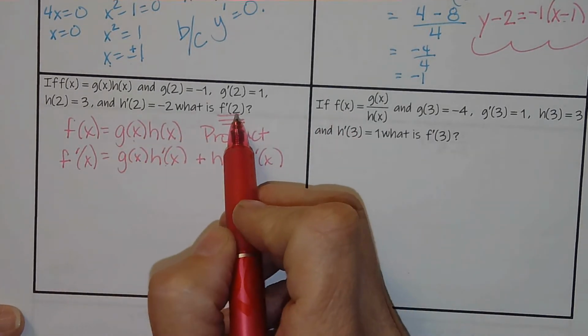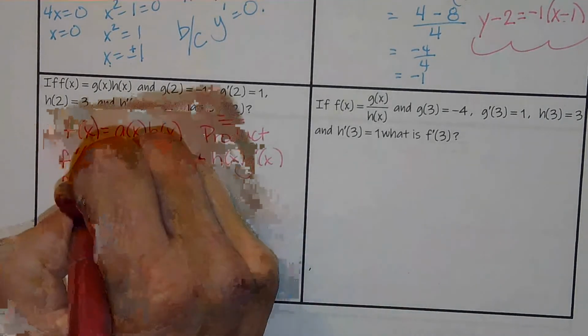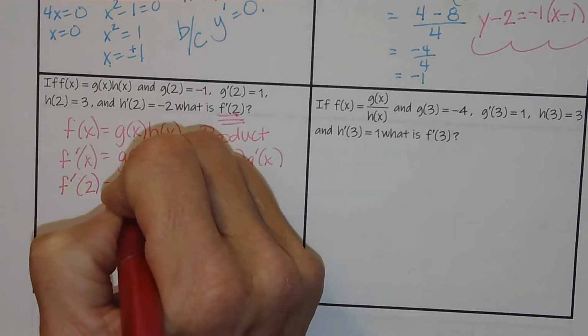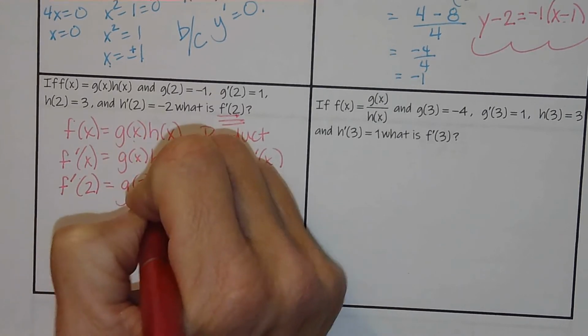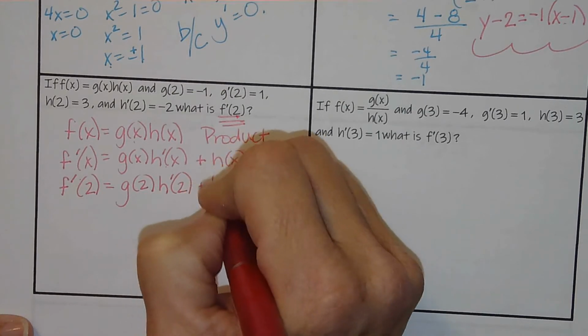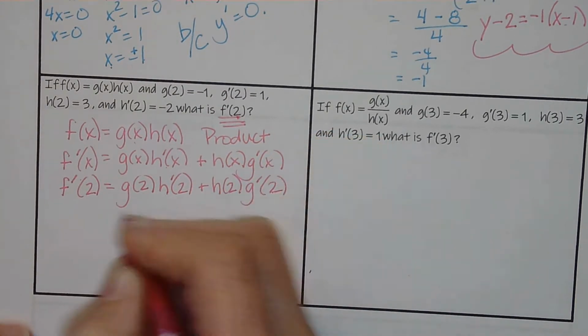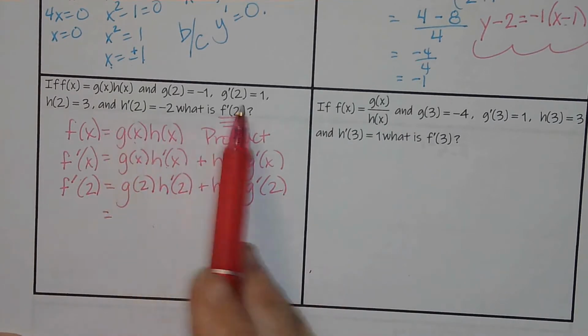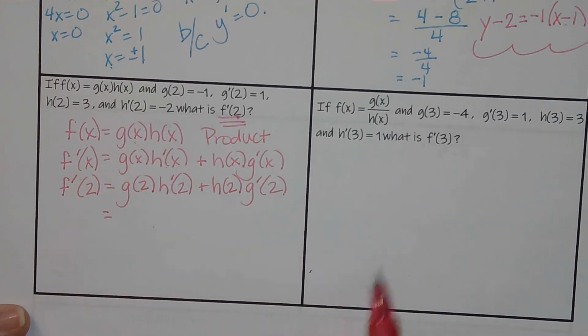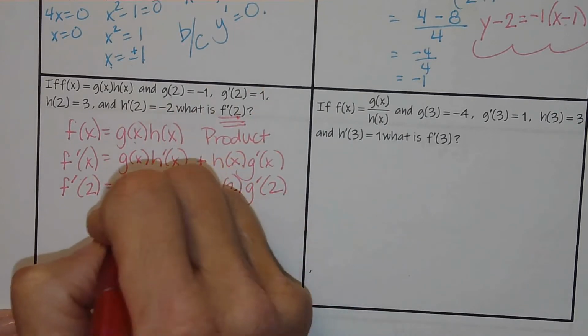Now I'm ready to substitute 2 into the derivative. So f prime of 2 will be g of 2 times h prime of 2 plus h of 2 times g prime of 2. Now just go get all the numbers that we need. G of 2 is -1.